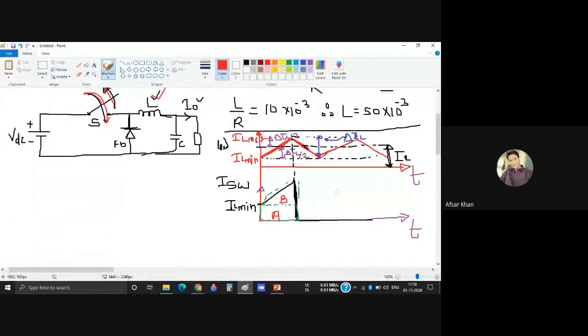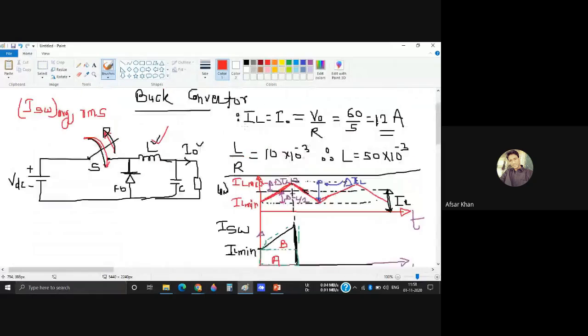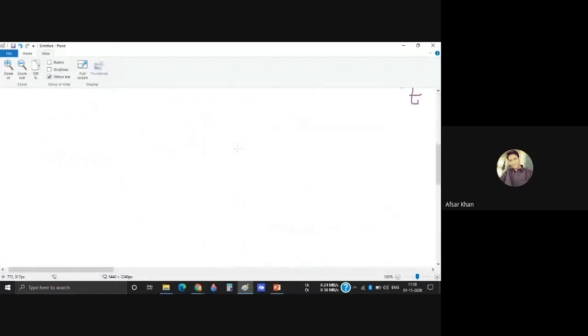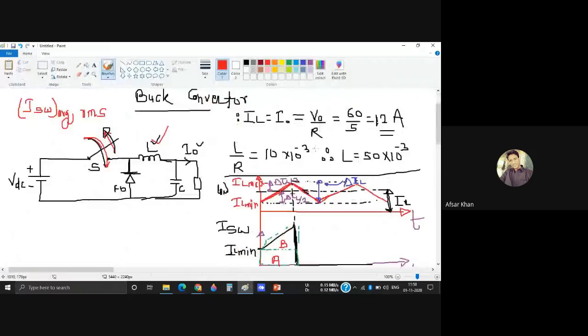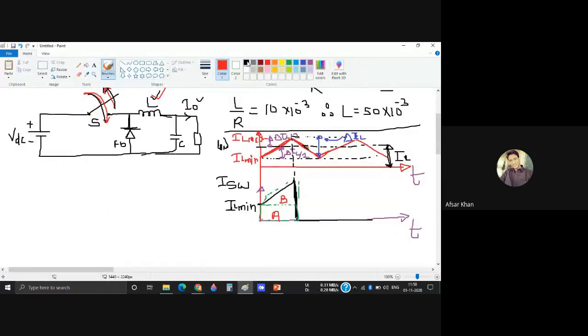Now, firstly, we have to draw the conduction periods. We have to mark the conduction. In choppers, for the conduction period waveforms, during on time we name it D into T, duty cycle into total time, and this is the total time T. So this is your DT.